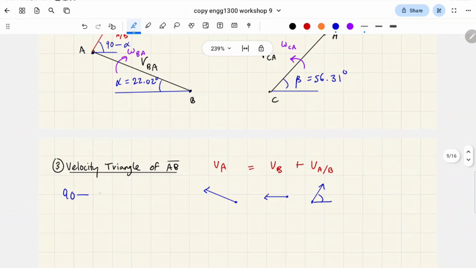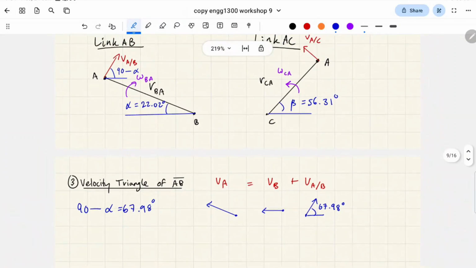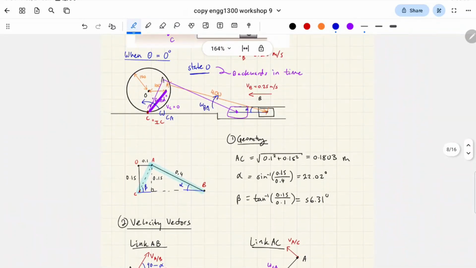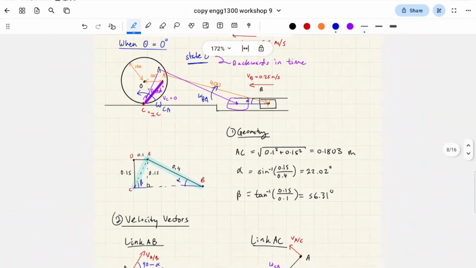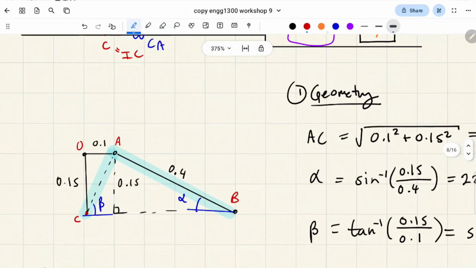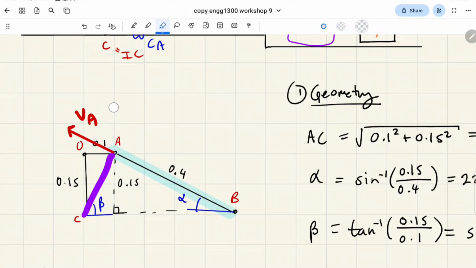Let's do it over here. So that's actually 67.98 degrees, right? And similarly for VA, okay. So A, right? So C doesn't move, so VA is just going to be this, because VAC is the same as VA, right?